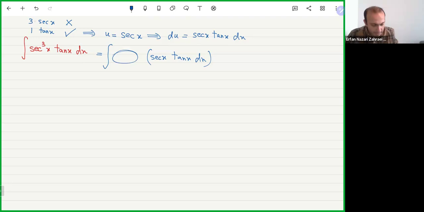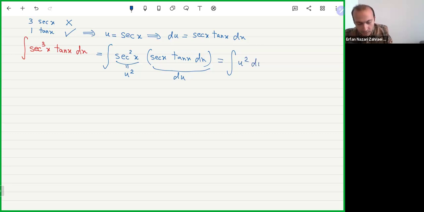So what is the rest that I should write here? dx is used, tangent is used, one of the secant is used, so two more secant. Now I need to convert this into u. Look at u. What is u? u is secant. I have no problem. This is just u squared. I don't even need the identity. And this is du. So this integral is the integral of u squared du.